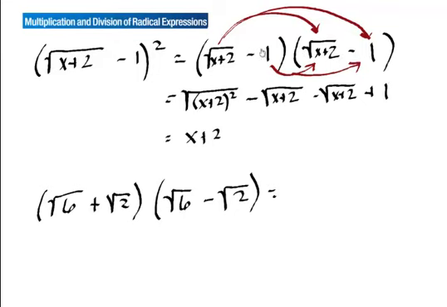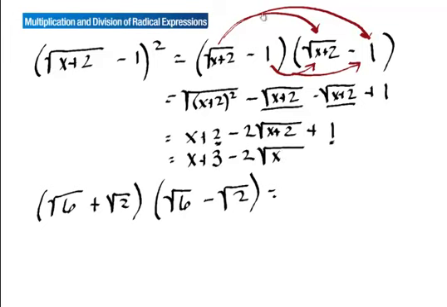And then what I'll end up with, because these two are totally identical, I can write that as minus 2 times square root of x plus 2, because there's 2 of those things, and then a plus 1. And I will have a little simplifying here. You see this 2 and this 1? They'll make 3. So I've got x plus 3 minus 2 times the square root of x plus 2. And that's all that can happen with this one. He is simplified as low as he can go.